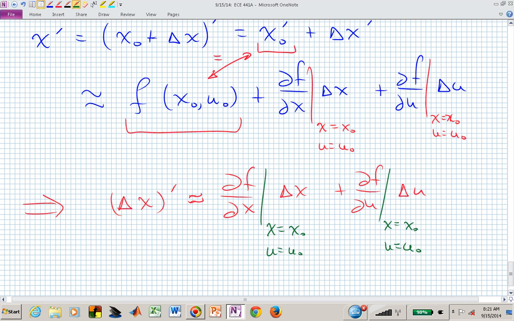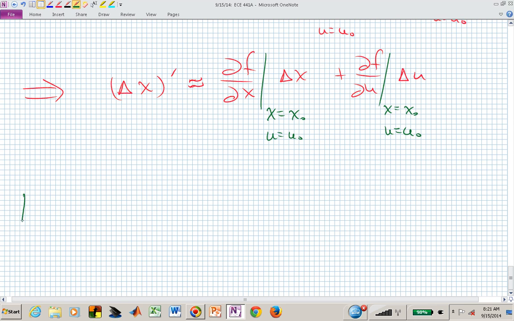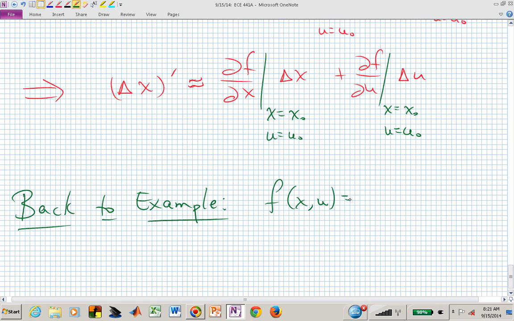What if we go back to our example? Our right-hand side was this 2x squared plus u.